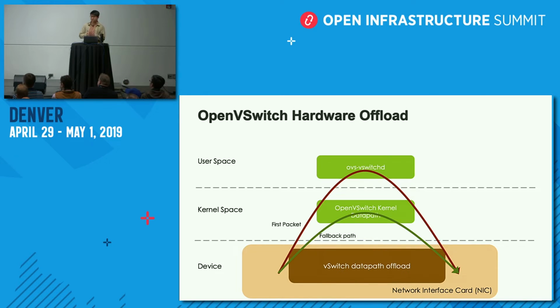Because hardware data path doesn't have the instructions to handle those packets, and uploading to kernel data path is a default action. So in this way, as you can see, OpenResearch hardware offload works in a best effort way, and the kernel data path exists as a fallback solution. This is basically how OpenResearch hardware offload works. Next, let's see how to apply it to Kubernetes.